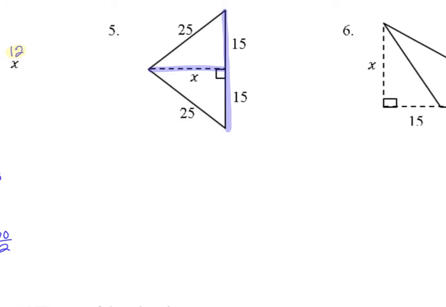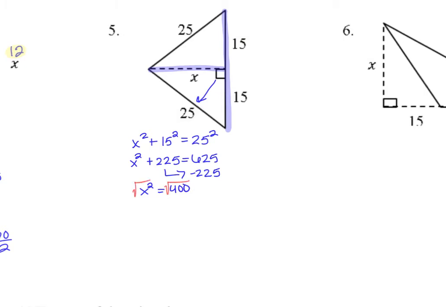Here's a 90-degree angle, and opposite my 90-degree angle, I have 25, which is my hypotenuse. So I can do x squared plus 15 squared is equal to 25 squared. So x squared plus 225 is equal to 625. Then you subtract the 225 and you get 400.